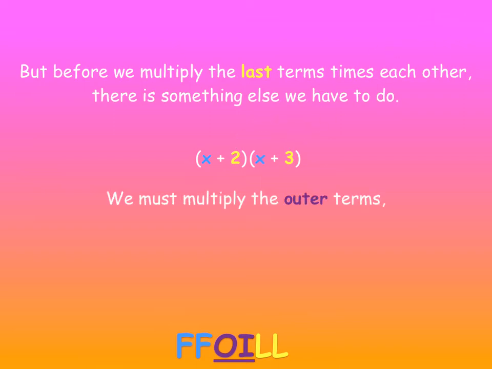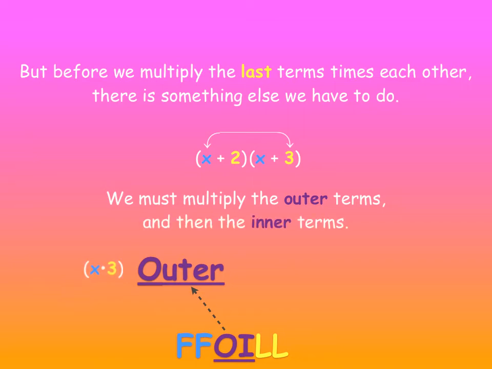We must multiply the outer terms, those are the ones toward the outsides, and O stands for outer from the word FOIL. And then we'll multiply the inner terms. That's them toward the inside. And the letter I stands for inner.